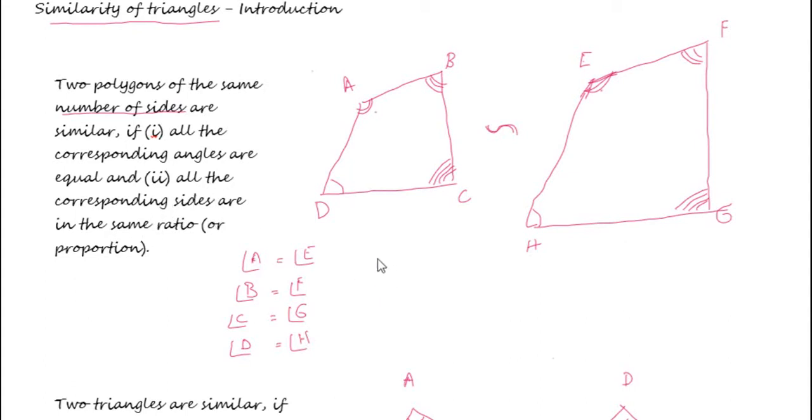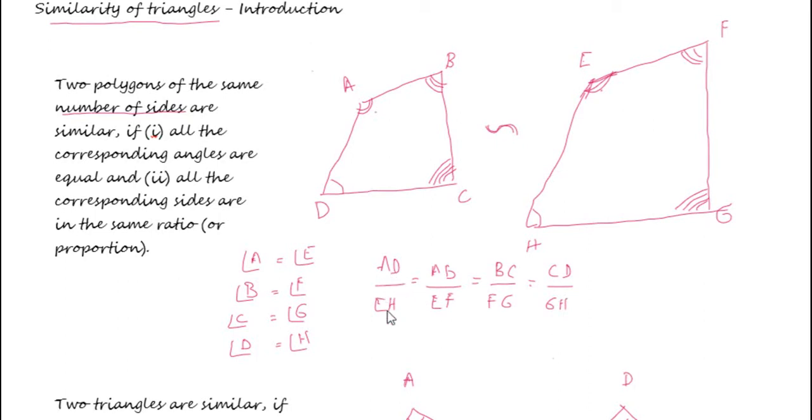What does it mean? That means AD by EH equal to AB by EF, that is equal to BC by FG, that is equal to CD by GH.